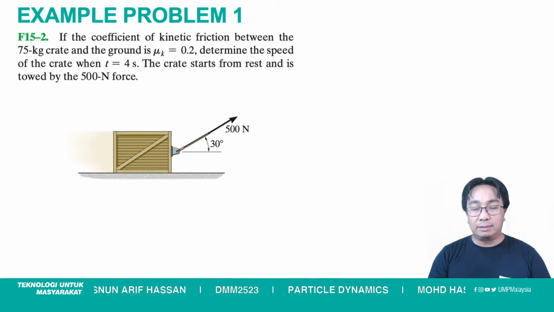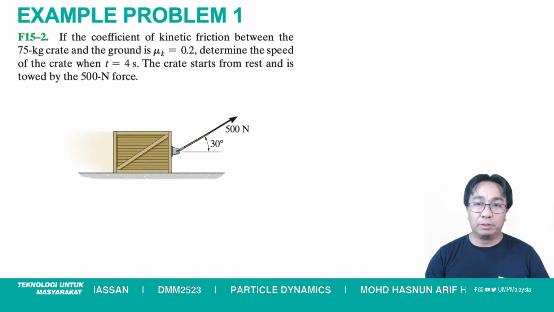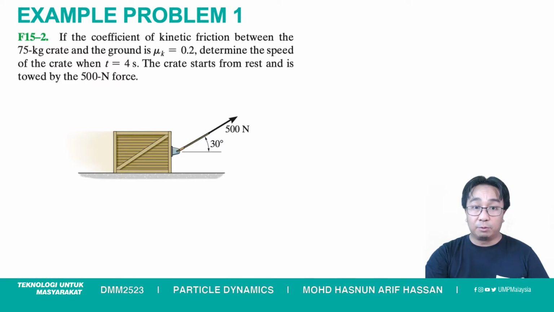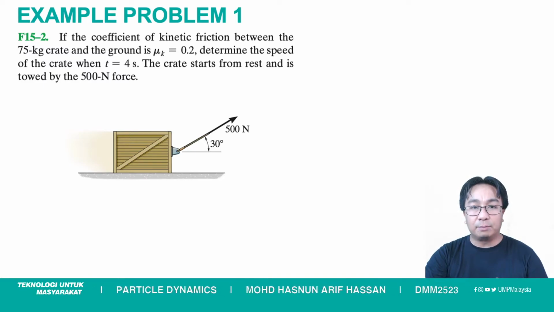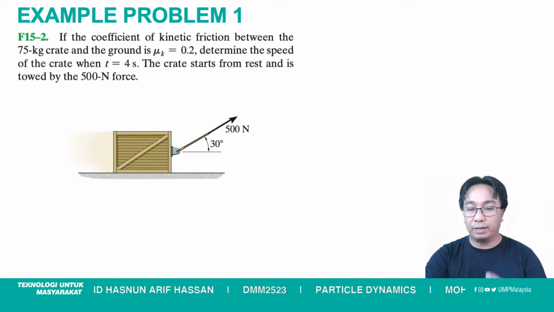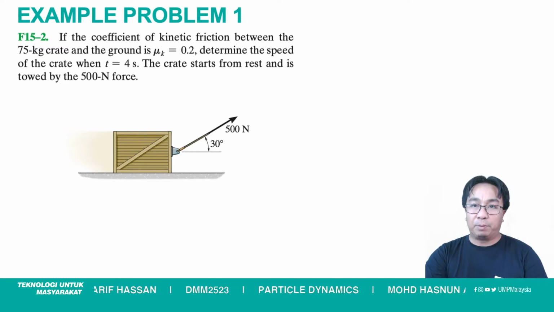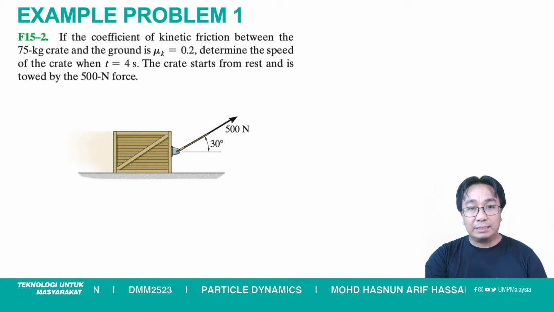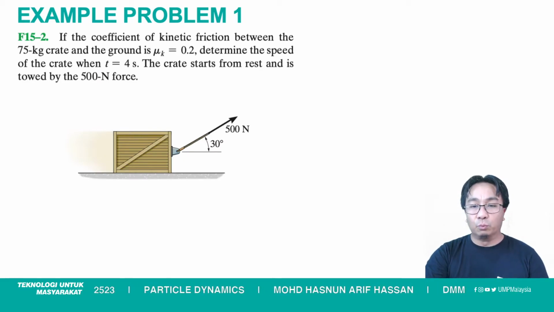Then this is where you need to use the principle of linear impulse and momentum. So that is where the difference lies. When it involves time, use impulse and momentum. When it involves displacement, go with work and energy.